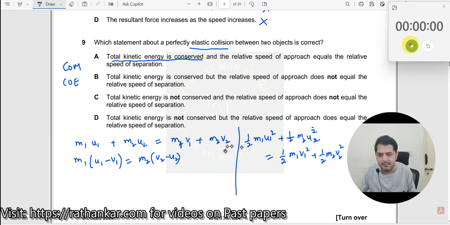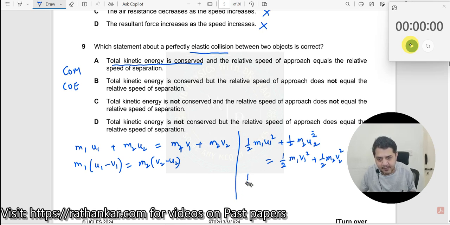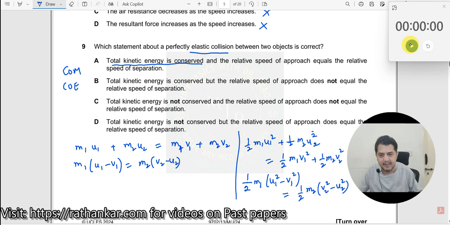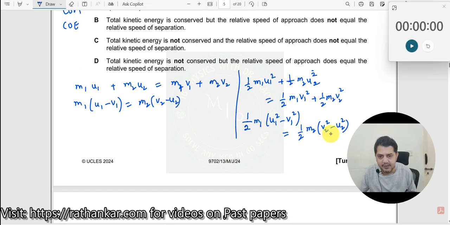I'll do the same thing we have done here, so I'll take m1 separately: half m1 into (u1 square minus v1 square) is equal to half m2 into (v2 square minus u2 square). I have got this.